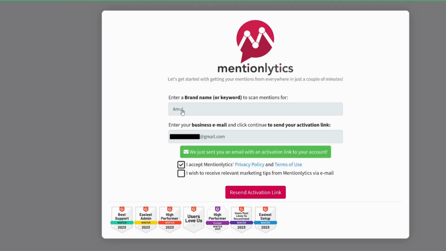Once that is done, you have to agree to Mentionlytics policies and terms of use, and click this button, which is going to send an activation link to the email entered right here. On clicking this link that appears in your email, you will be sent to a completely different page, which would contain the analysis on the brand that you've chosen.